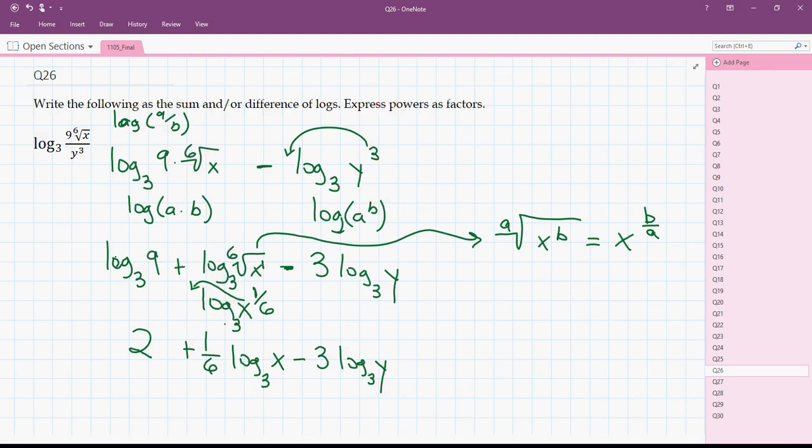Because for logarithms, we have that log base a of b is equal to c is the same statement as saying a to the c is equal to b. So those are equivalent statements.